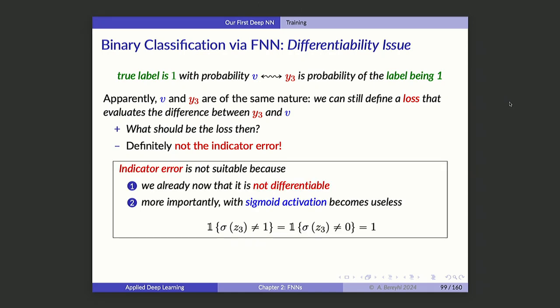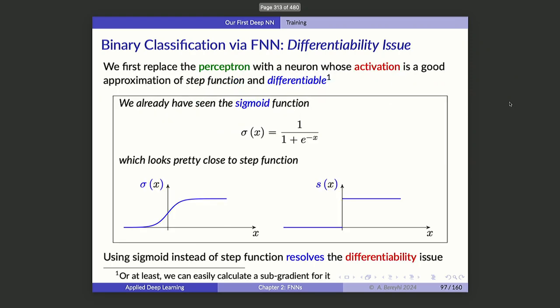No. The reason is that the output of your sigmoid function is not going to be exactly 1 at any point, right? Just look at your sigmoid function here. If x goes to infinity, it's going to get to 1. But you don't have any value of x at which your sigmoid is 1.